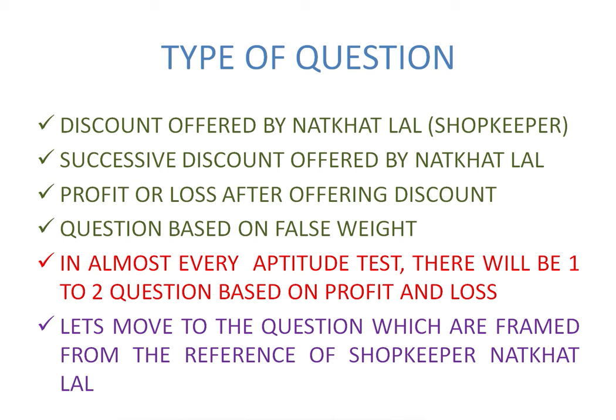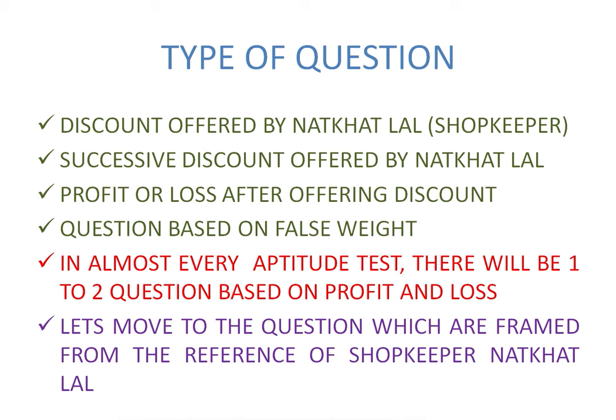The basics are very clear. One basic is that every profit and loss will be calculated on cost price. What is the cost to the shopkeeper? Only on the basis of that can we know what is the profit and what is the loss.